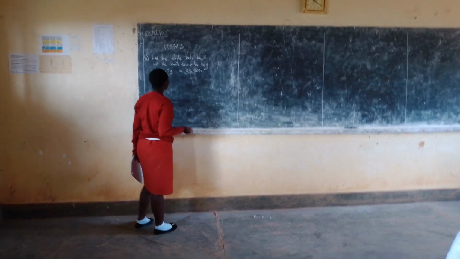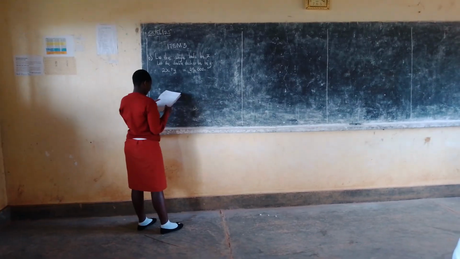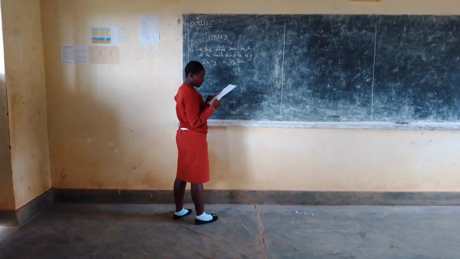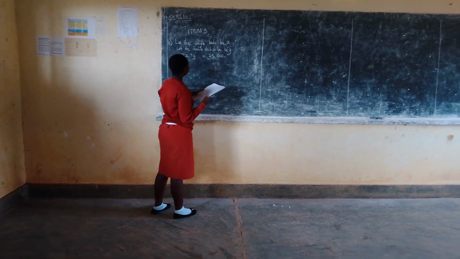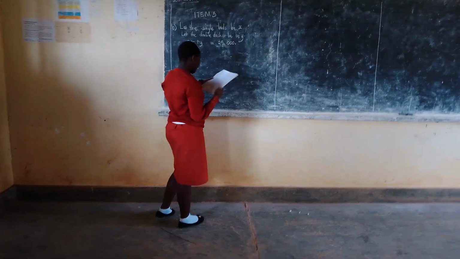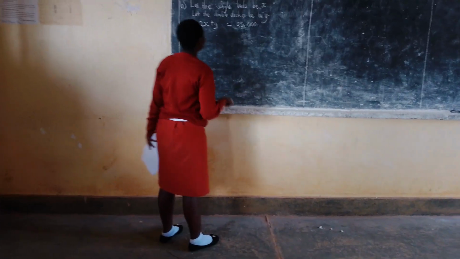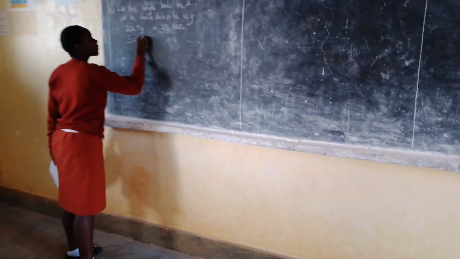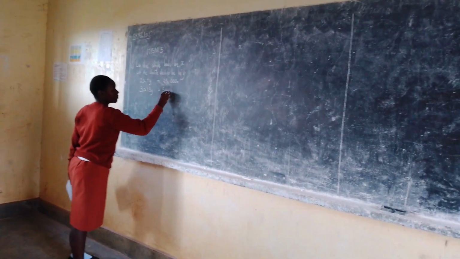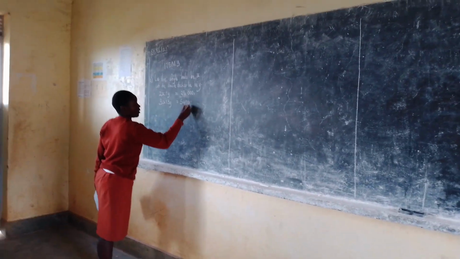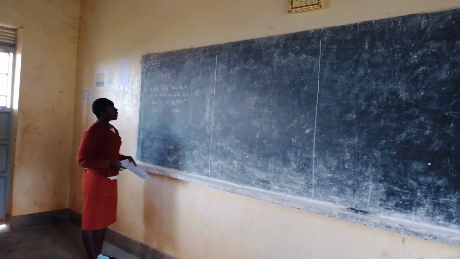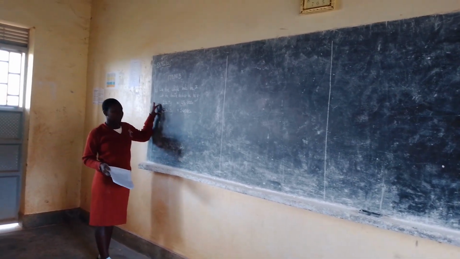And then, when he sells 3 single beds and 3 double-decker beds, he makes a profit of 54,000. So we are going to have 3x plus 3y equivalent to 54,000 shillings.